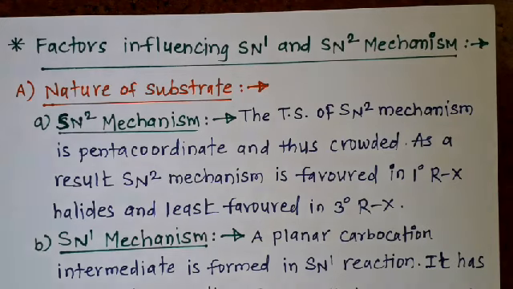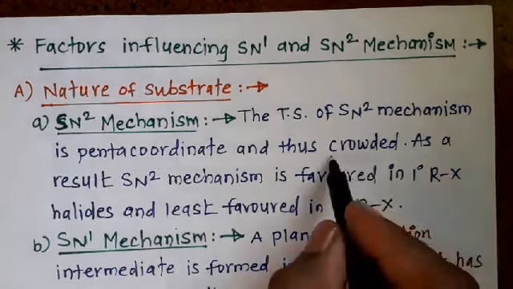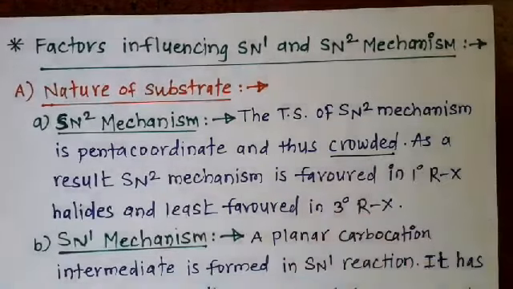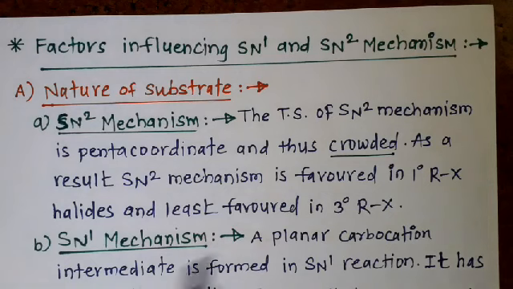Due to this, the transition state becomes crowded. As a result, SN2 mechanism is favored in primary alkyl halide and least favored in tertiary alkyl halide.